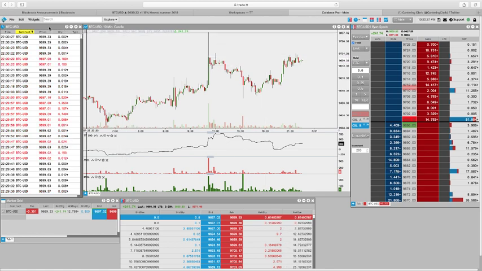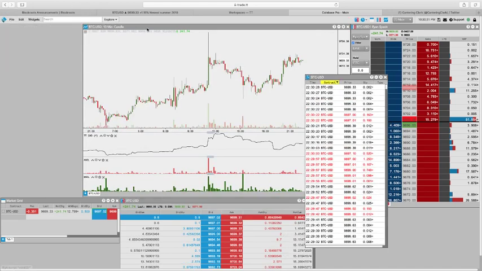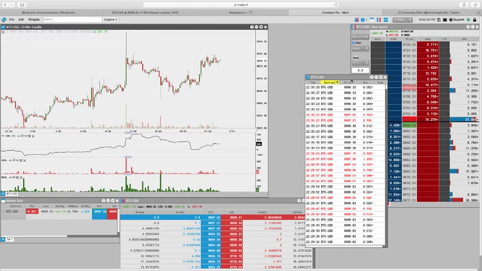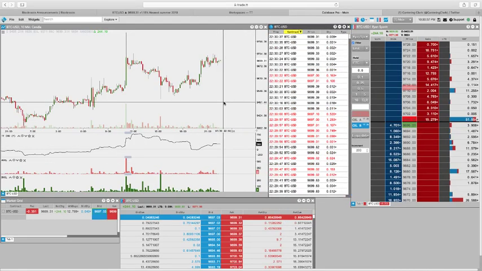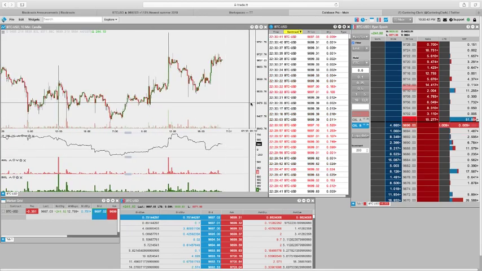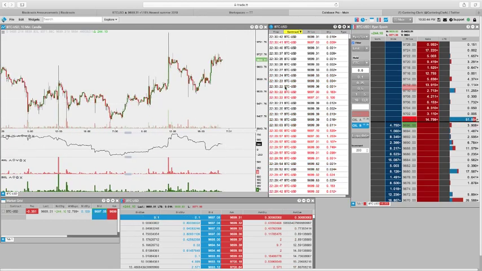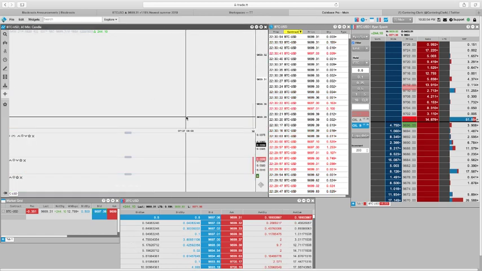It's a bit more useful to have these two right next to each other, so let me clean this up a little. What we're going to look for is what we refer to as tape velocity, or the speed of the tape, around certain areas. If we're thinking about important areas, we're going to talk about support and resistance.